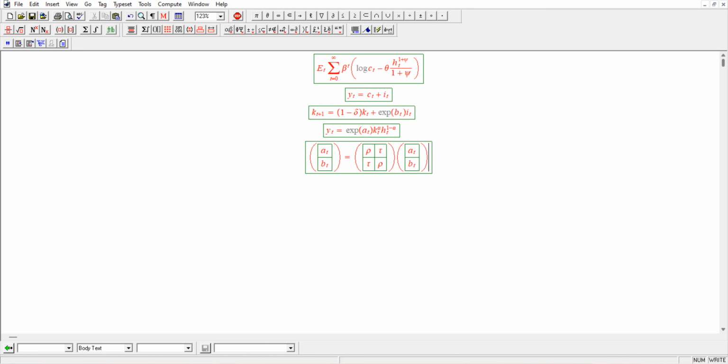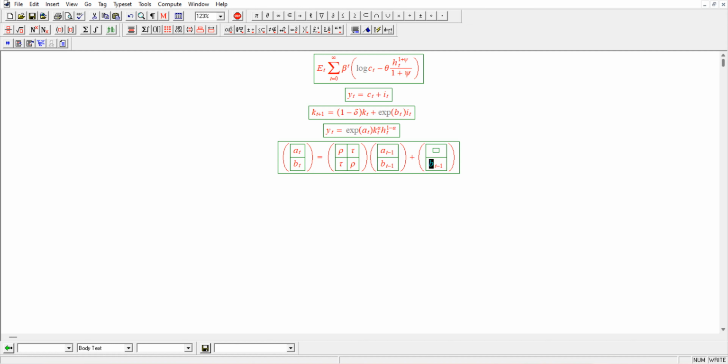So this is going to be multiplied by A_{t-1} and B_{t-1}. And you can see A has a dependence rho on A yesterday, and the same for B on B yesterday. And then tau tells us how B yesterday affects A and how A yesterday affects B.